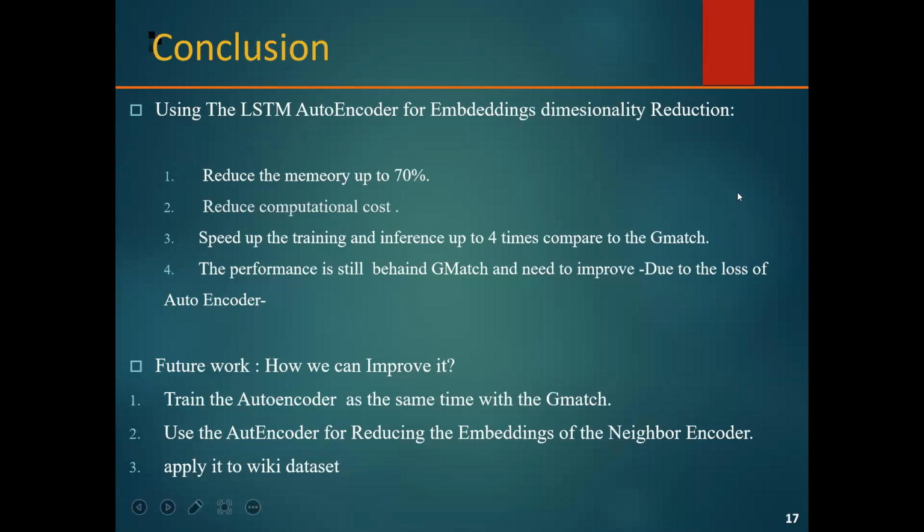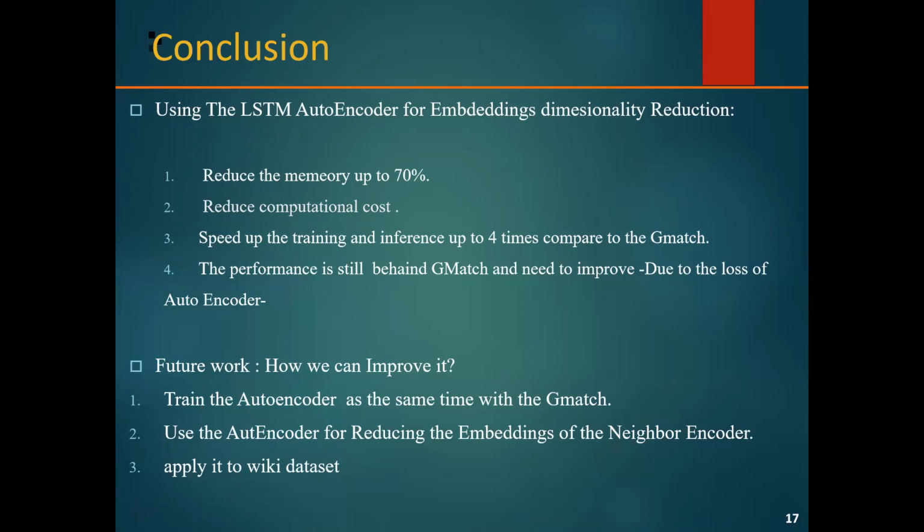In conclusion, using the LSTM autoencoder for the embedding dimension reduction, as I said, we reduce the memory up to 70% of its original dimension, which is 100. We also reduce the computational cost and the time. We speed the time up to 4 times compared to the original model.